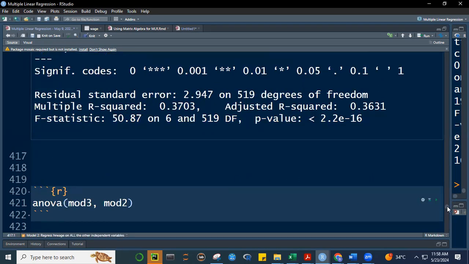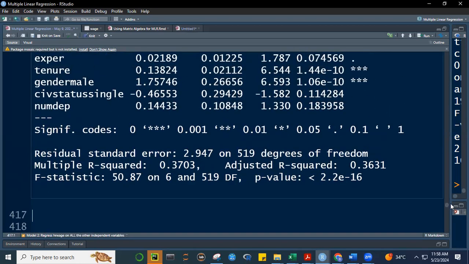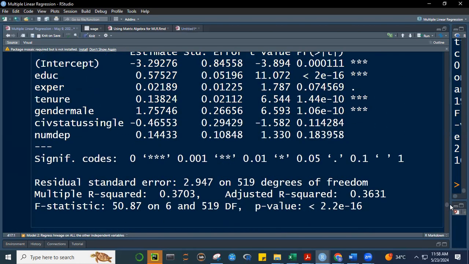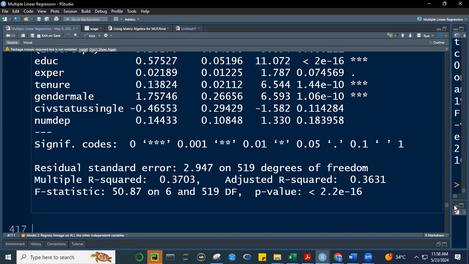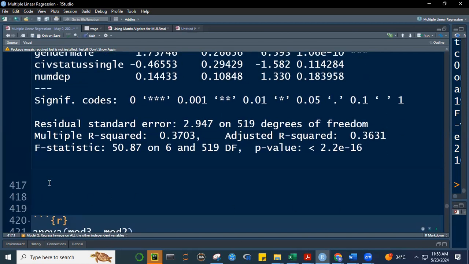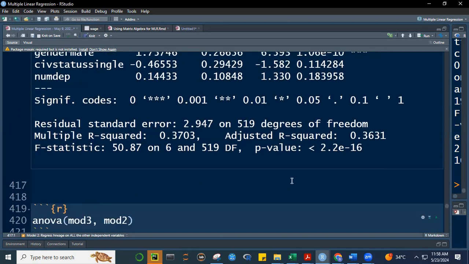So what's the basis now of choosing between model 2 and model 3? Because we have to have a basis for that. If you can see here, there are 519 degrees of freedom, higher, because the degree of freedom 1 is just 6.